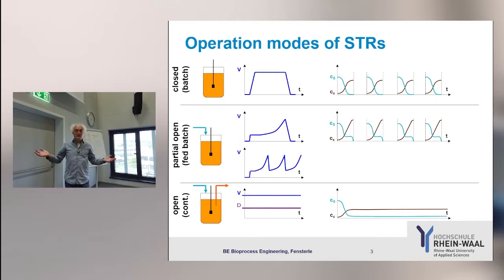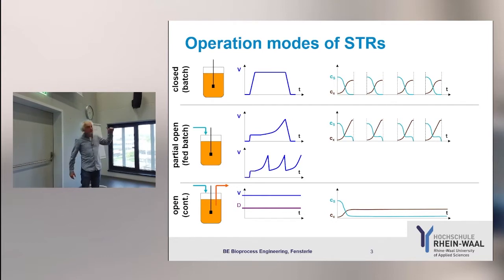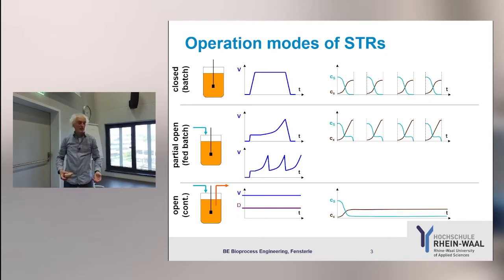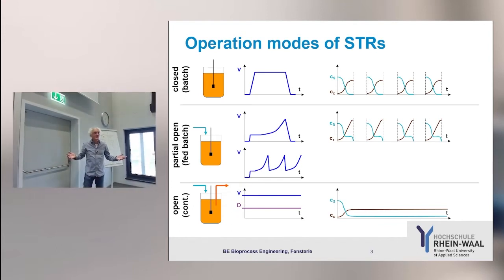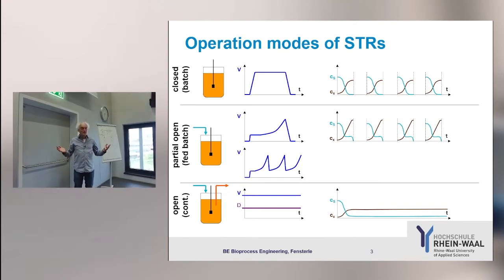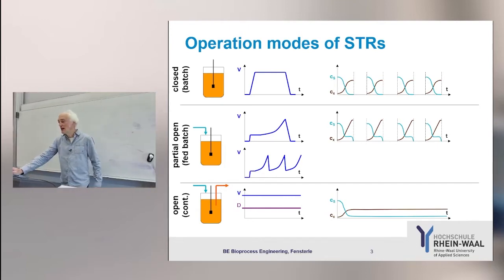A wastewater treatment plant is typically a chemostat. You continuously put something in and you continuously pick something out. This is how a wastewater treatment plant is operated. So you have it everywhere. It's not a fancy example. Therefore chemostat operations are important.